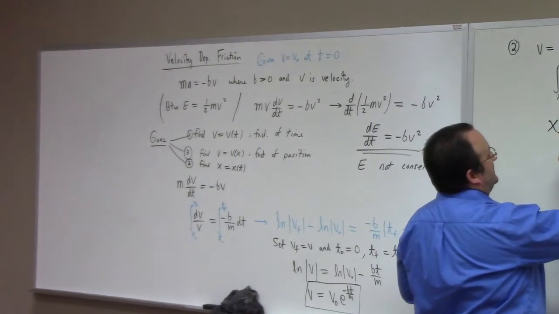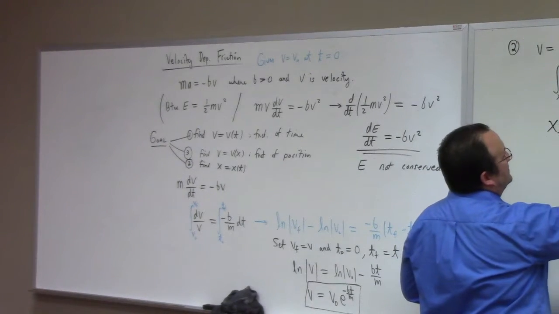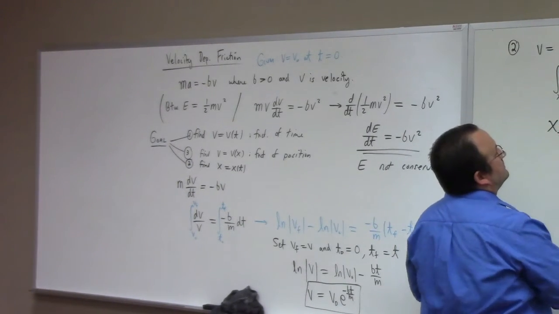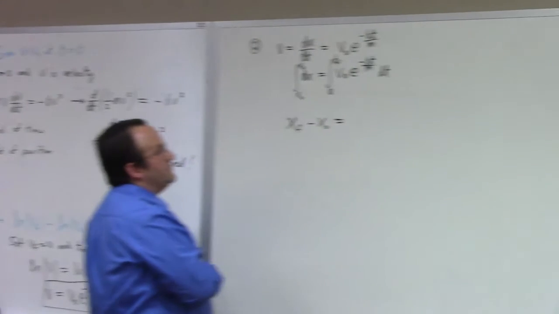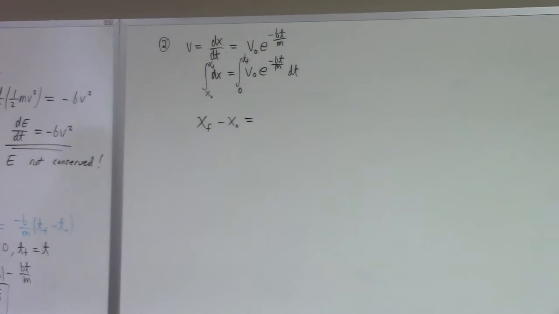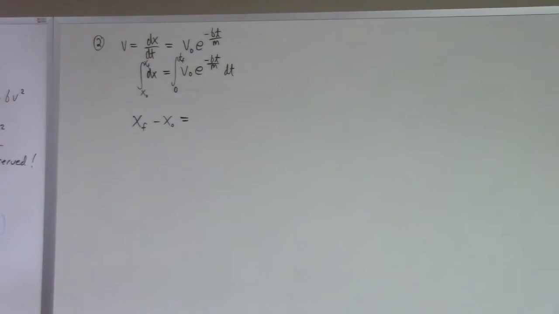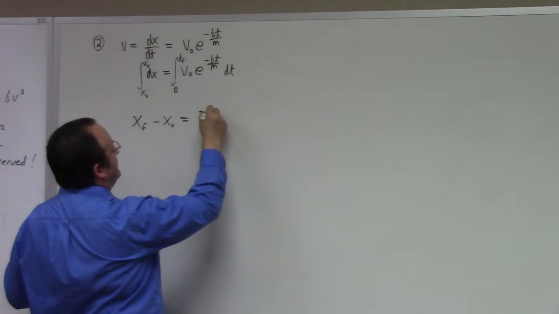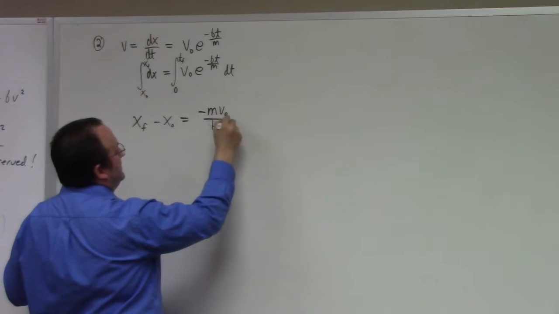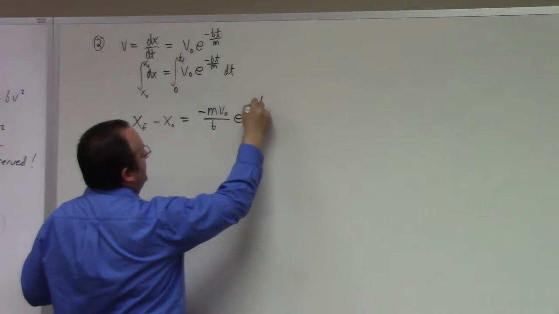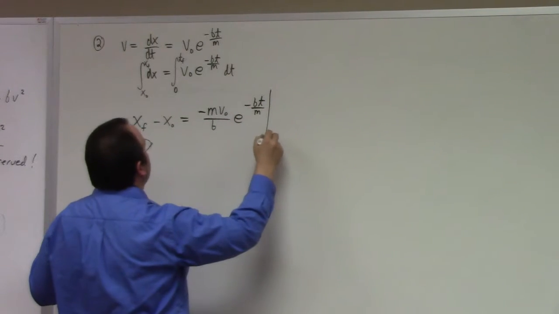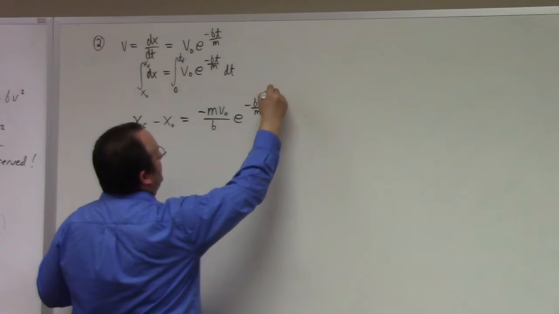So xf minus x naught from that integral, and over here we get, how do you integrate that? What's the integral of e to the minus bt over m? Right, so we get minus m v naught over b e to the minus bt over m, and I'll put an evaluation bar here for good measure, from time 0 to final time.